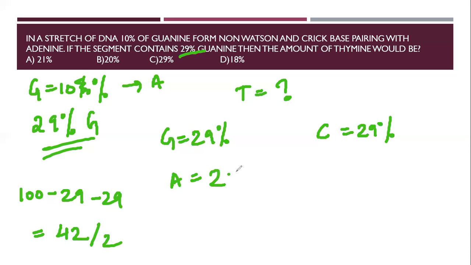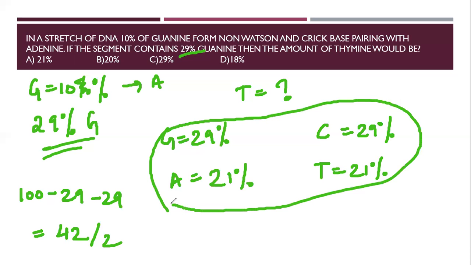So A is 21 percent, T is 21 percent. Agree? Yes, ma'am. So this is the composition we have. Now they are saying that out of this 29%, 10% it is forming with A. Correct? Do you agree?